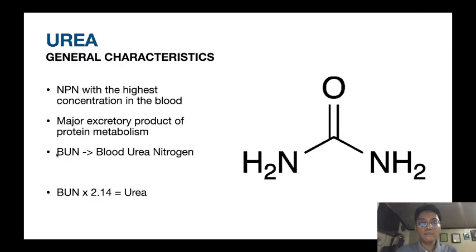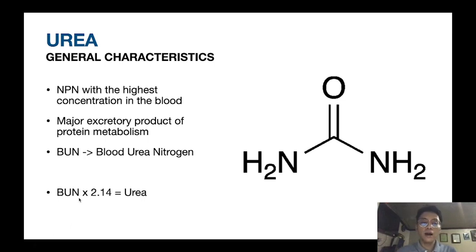BUN is actually blood urea nitrogen. So when you look at test results where BUN is written, that is actually blood urea nitrogen. But that is an obsolete term, because we should use urea. We don't just measure the nitrogen in urea; we have to measure urea as a whole.